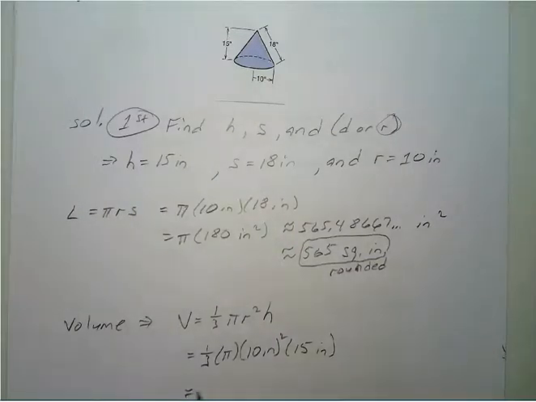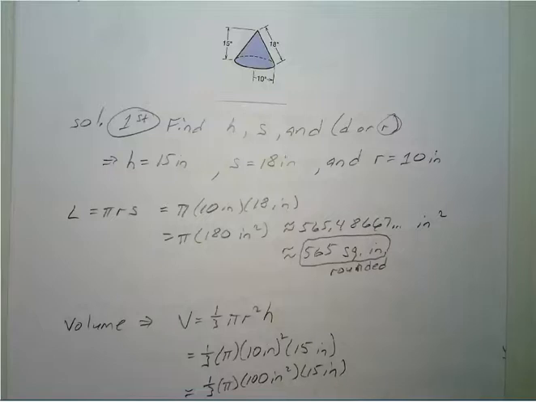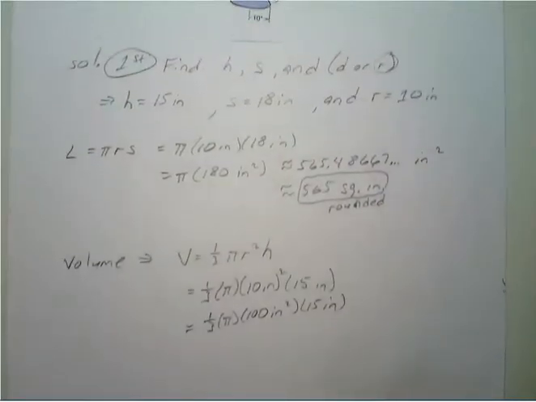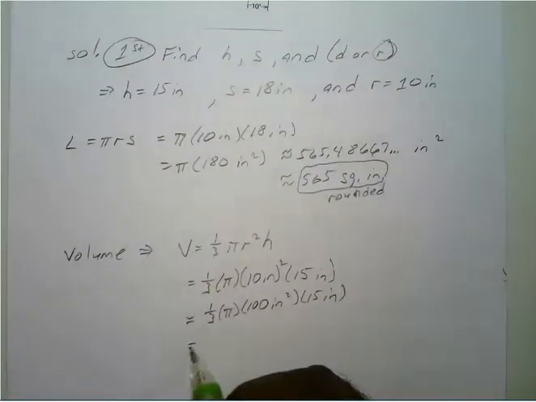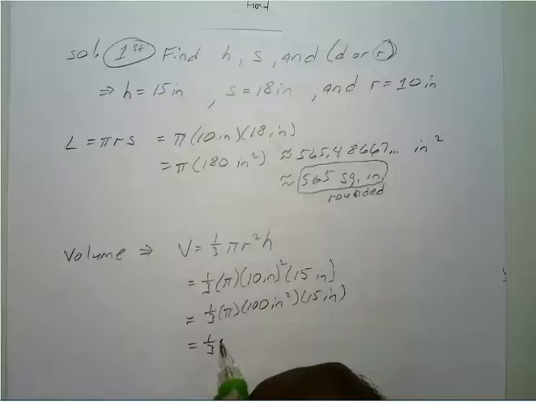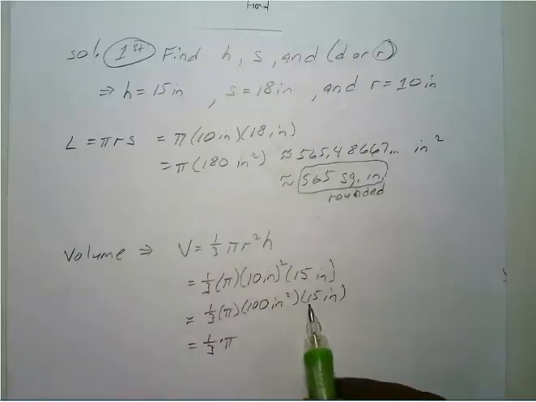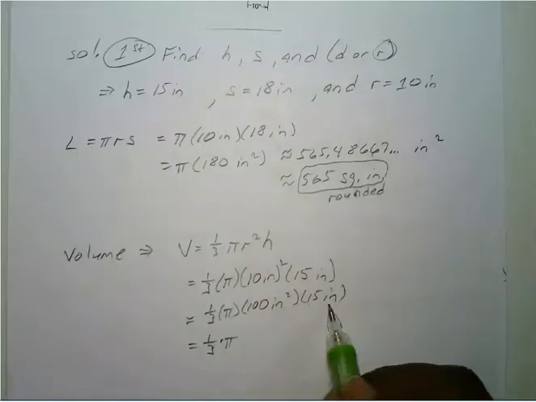So this is 1/3 times pi times 10 squared, which is 10 times 10, or 100 square inches, times 15 inches. That's going to equal 1/3 times pi times 1,500 cubic inches.